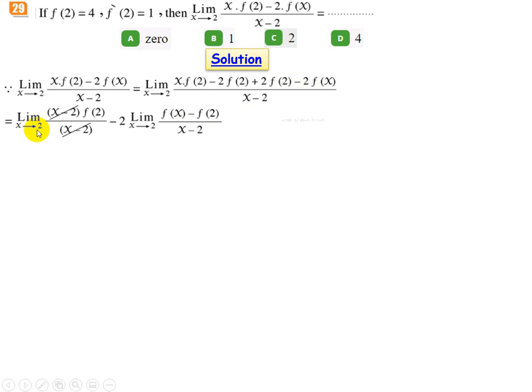The first one, the limit as x tends to 2 of f(2), which means 4. The other is 2 times f dash 2, which is 1. So 4 minus 2 times 1 is going to be 2.